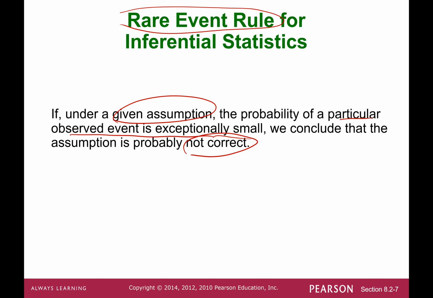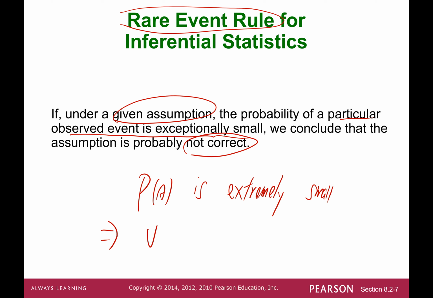Meaning when the probability of a certain event is extremely small, that means this event is probably an unlikely event. Unlikely event means it does not need to happen. Okay, and this is the guiding principle for the p-value method.